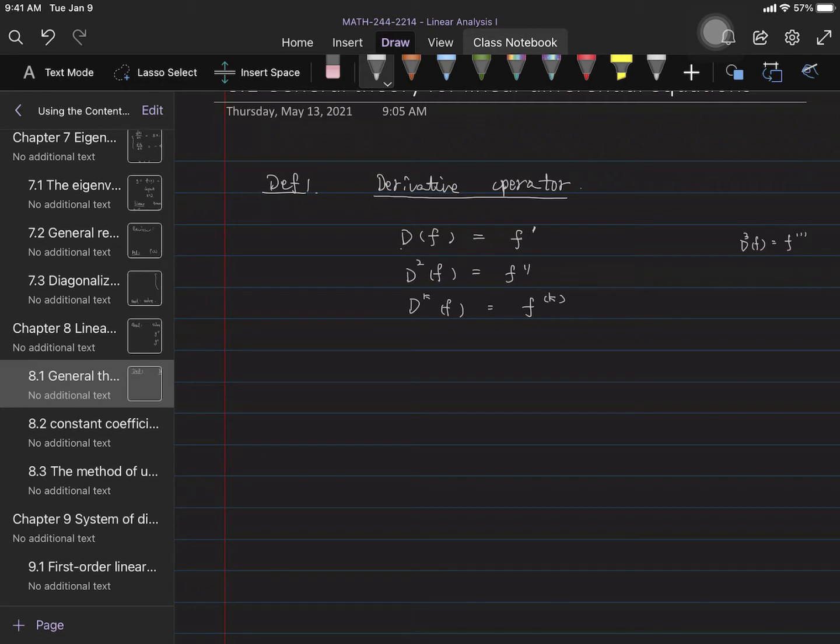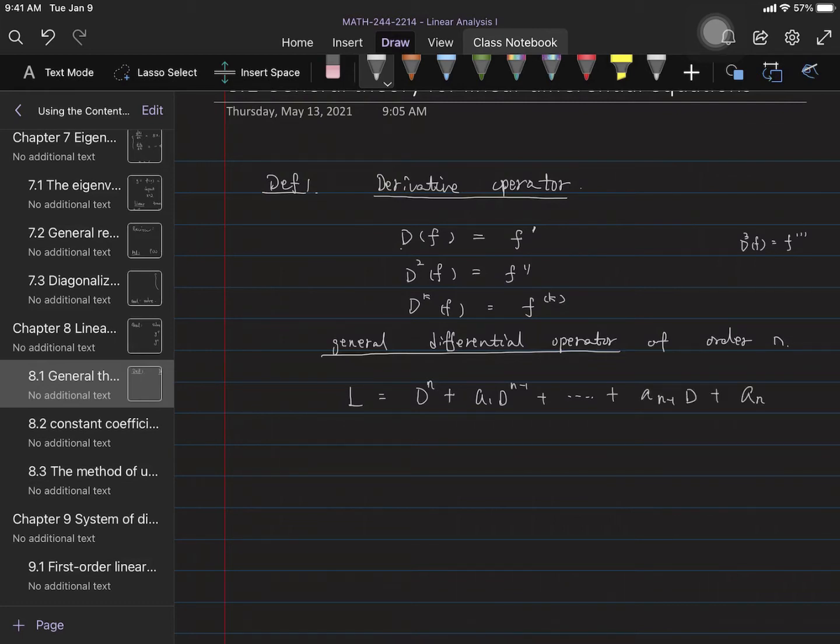And next we have a general differential operator of order n. So we write down the general case as D^n plus a1 D^(n-1), so it's kind of like a polynomial, plus a(n-1) D plus an.